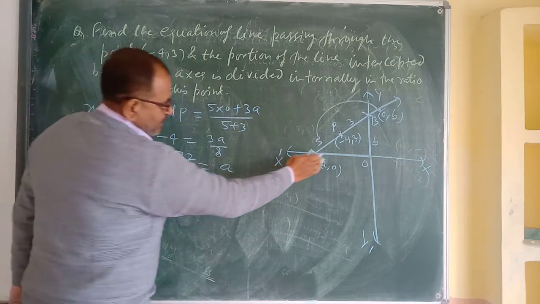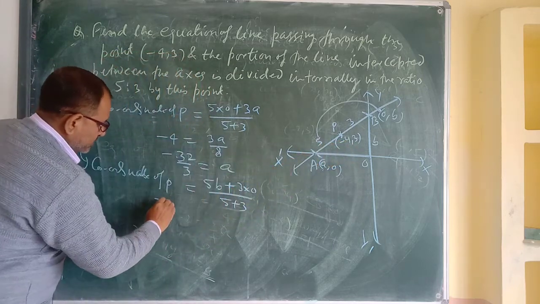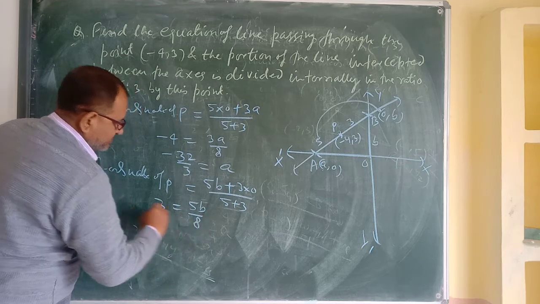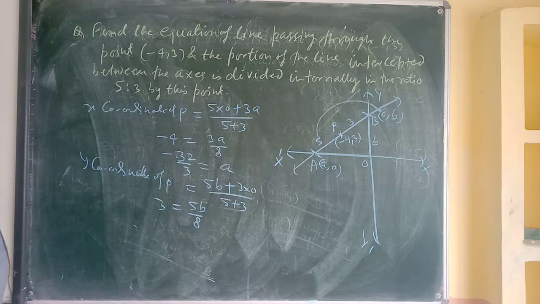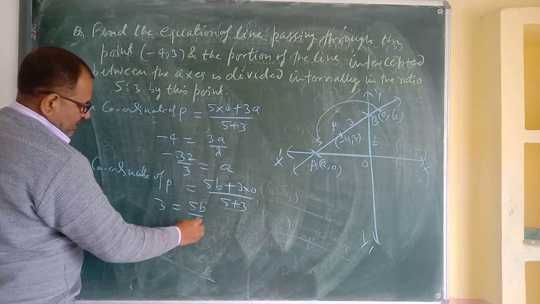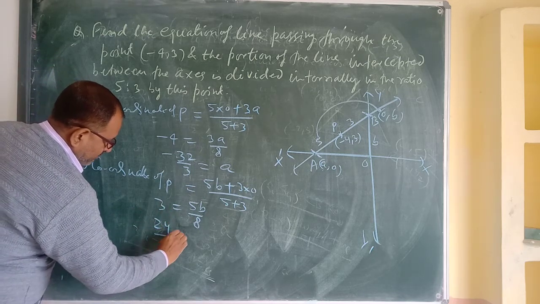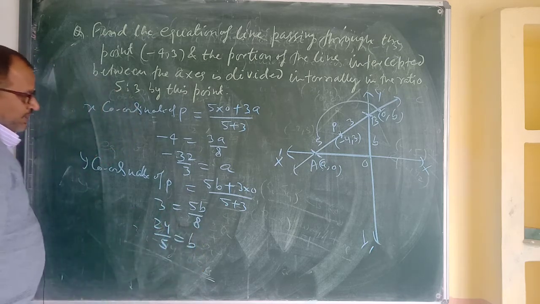The y coordinate of P is given as 3. So 3 is equal to 5b upon 8. 8 threes are 24, so 24 upon 5 is equal to b.